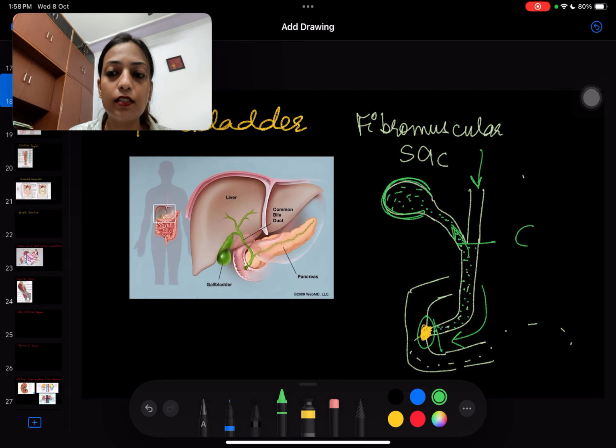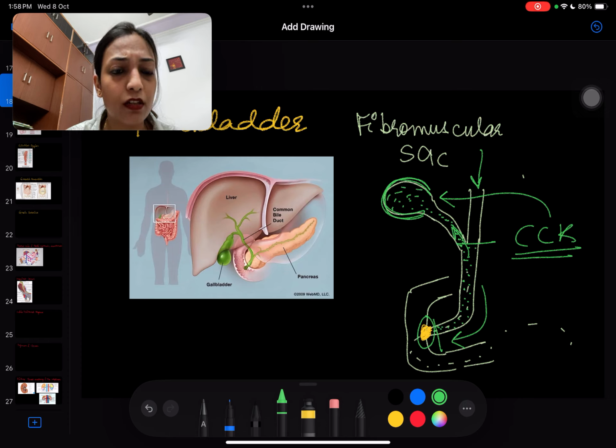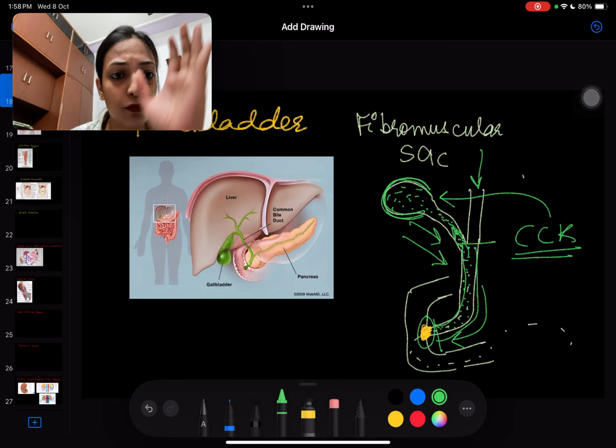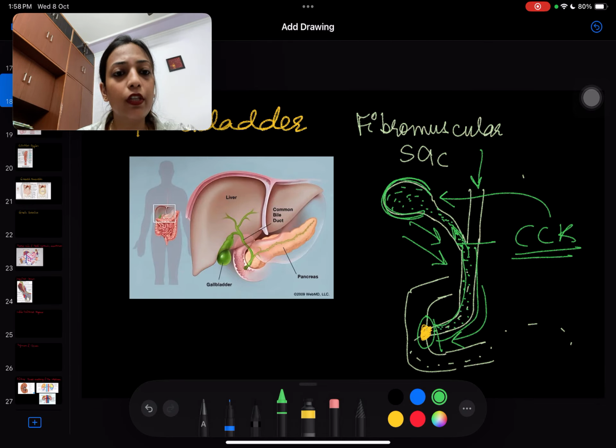And then the CCK, cholecystokinin, causes the contraction of the gallbladder wall for any extra bile that we might need. So any extra bile that we need comes from the gallbladder later. If you can imagine that in the fasting state, our common bile duct is always full of bile, and then retrograde movement of bile occurs, and that's how the gallbladder gets filled up.